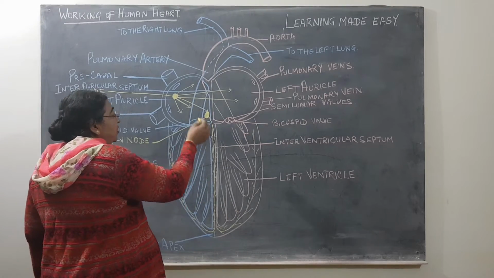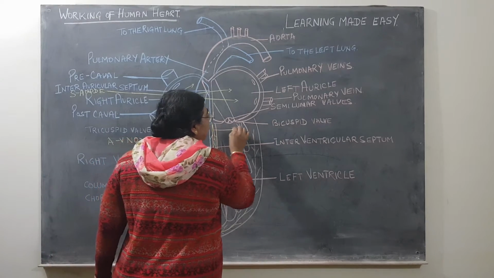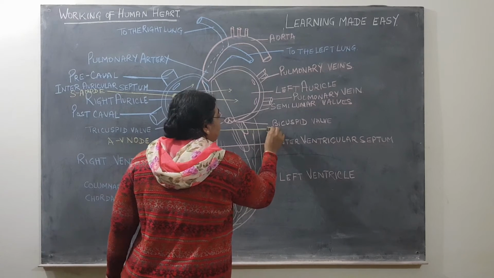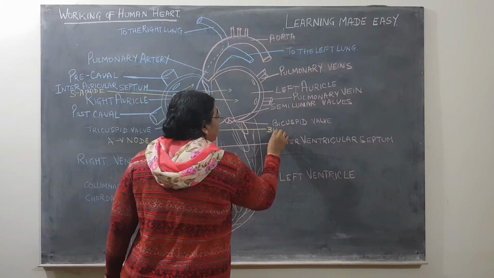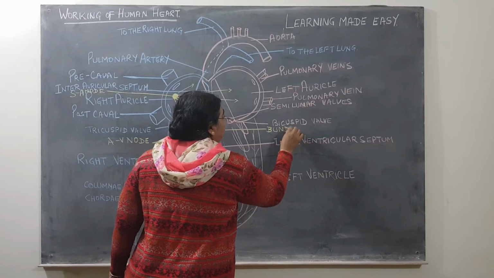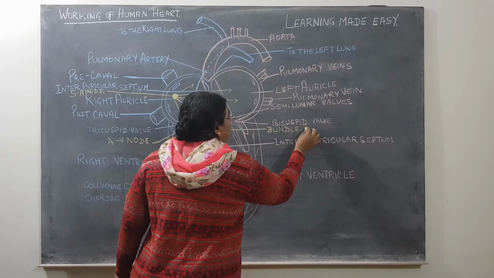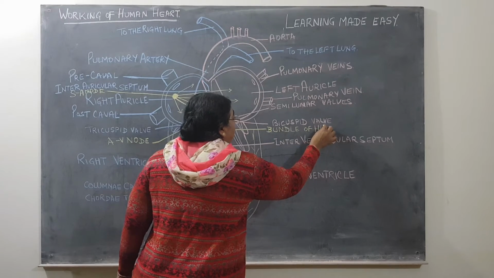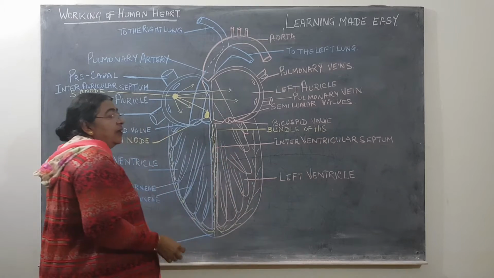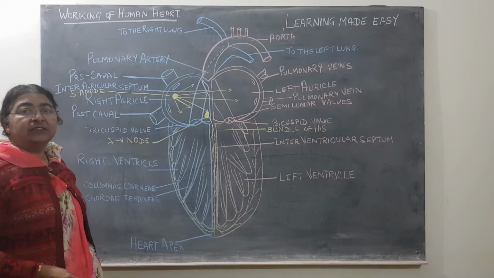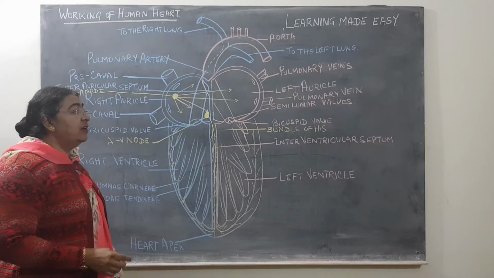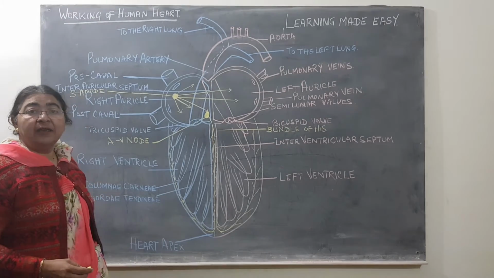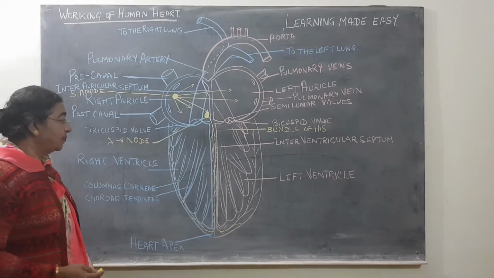The AV node gives the bundle of His. HIS, bundle of His, is written in capital because this is supposed to be a bundle given by God to us.